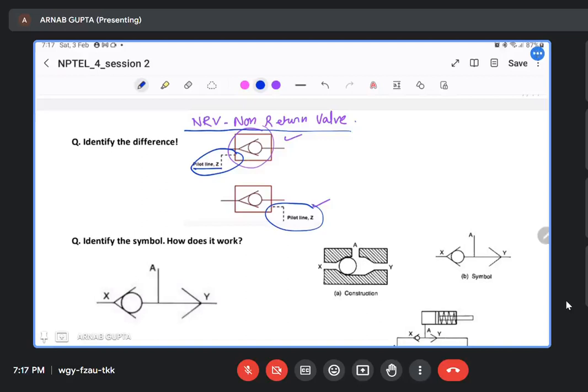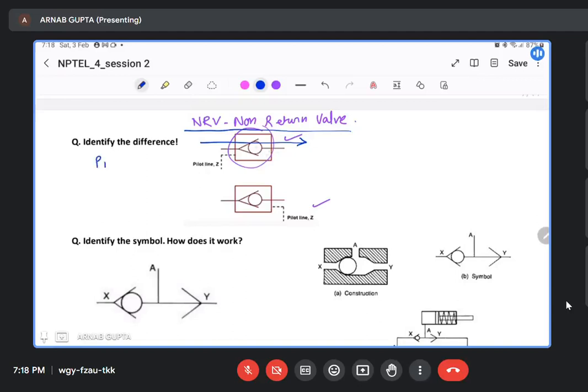So that is basically called a pilot line. Now, in one case, you can see that it is present before the NRV. In one case, it is after the NRV. Essentially, if the flow is taking place in this direction, then this particular signal will be used to check the flow.